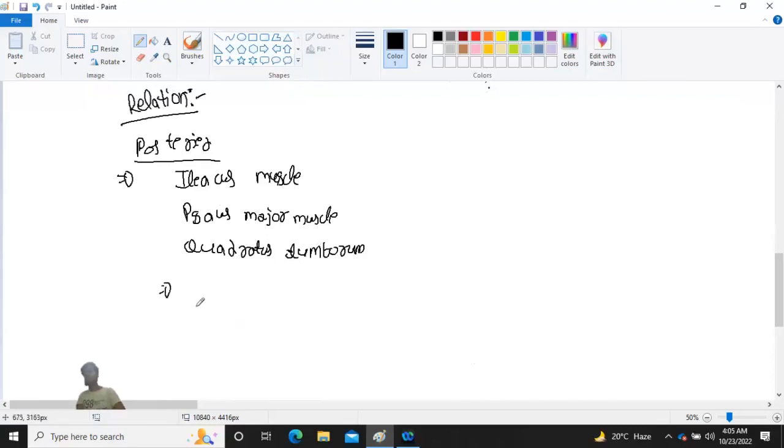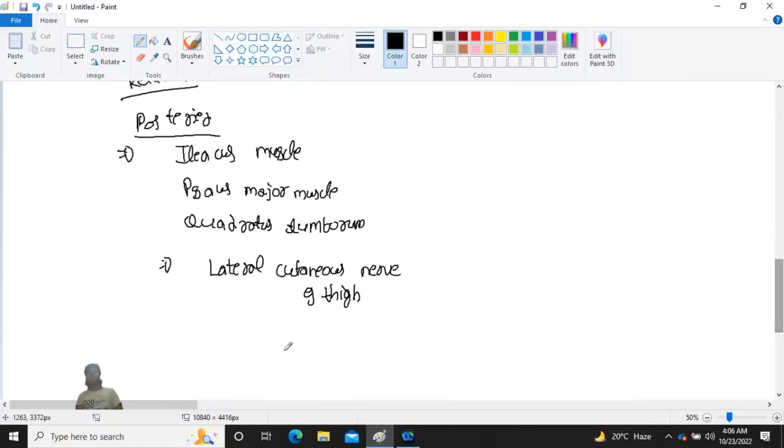Muscles and nerves. Which nerves? Basically, we can write lateral cutaneous nerve of thigh. That's all. These are some posterior relations.